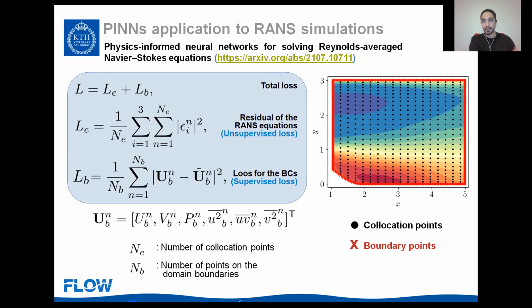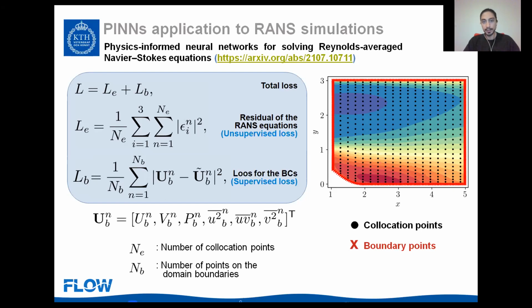It assesses the limited data set to train the network, which is a very good opportunity to use physics to train the network. Basically, our loss function comprises the residuals, the loss from the governing equations, and some loss from the boundary conditions.